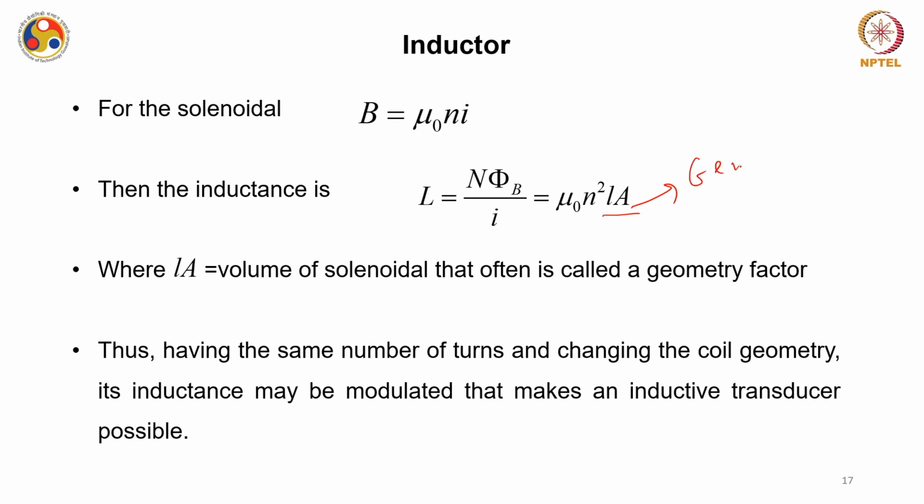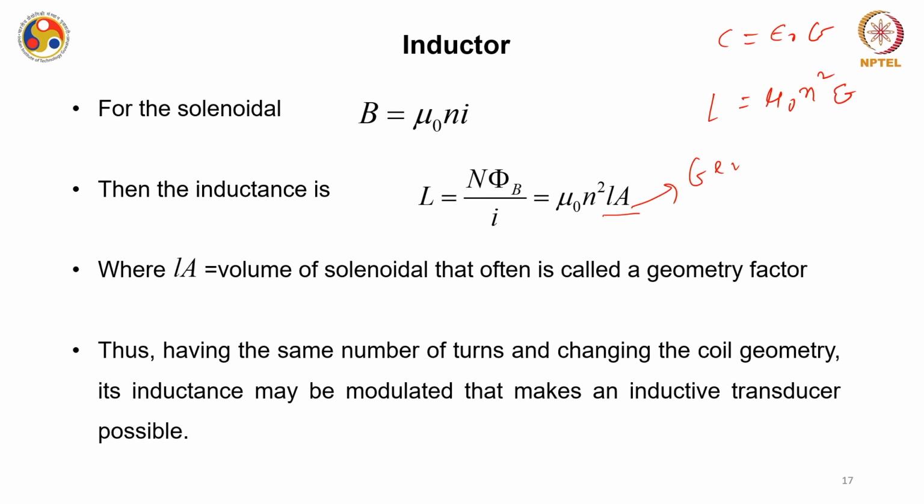So, similar to the capacitance, where the capacitance is equal to epsilon naught into geometry factor, for inductance I can write the inductance equal to mu naught n square into geometry factor, okay, where the geometry factor is nothing but the volume of the solenoid, which is l into A.